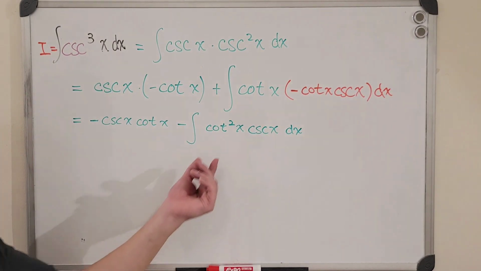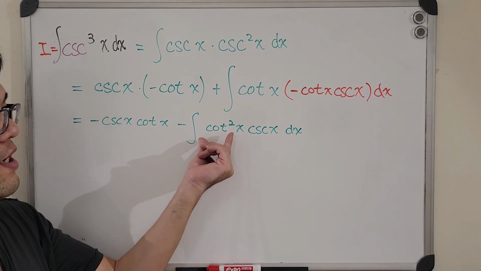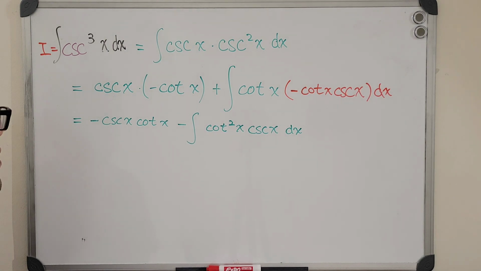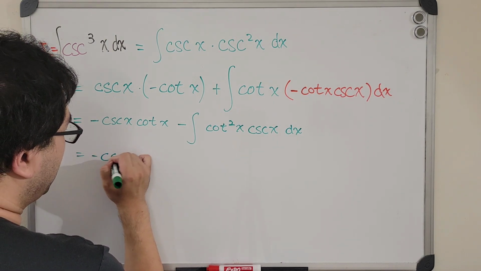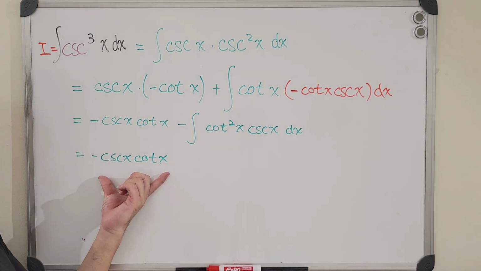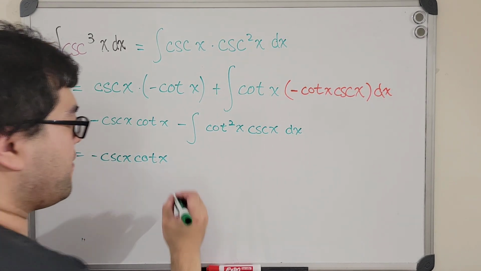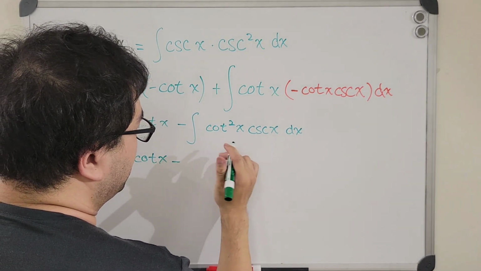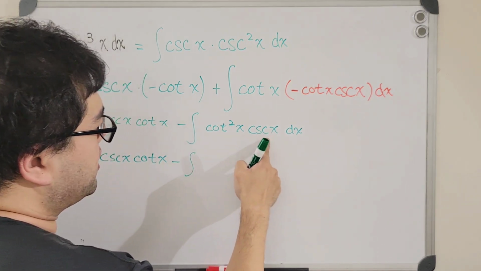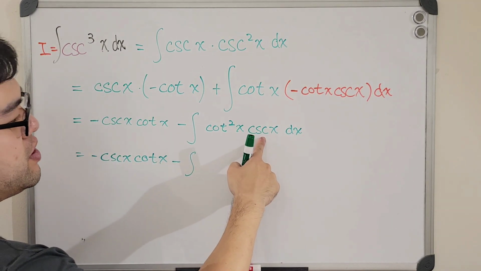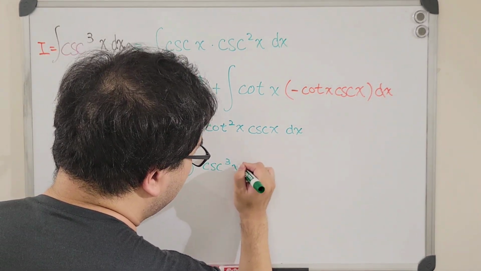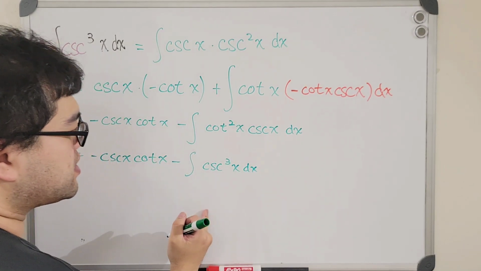And now we're going to use the trig identity and replace cotangent square with cosecant square minus 1, such that we will get the first part that is no longer an integral, we'll keep it the same, minus, now if we rewrite it as cosecant square minus 1 and distribute the cosecant into it, we will get cosecant to the third power of x dx.